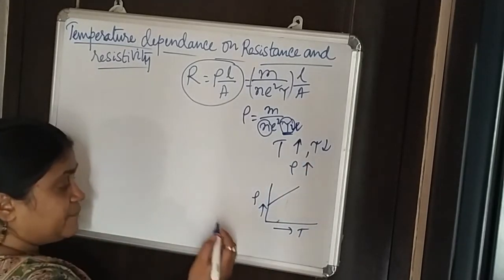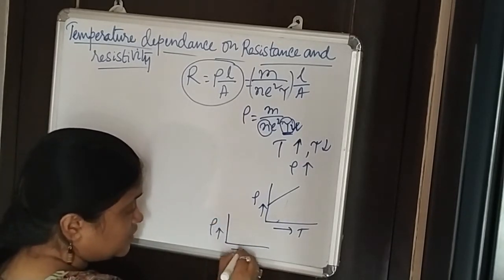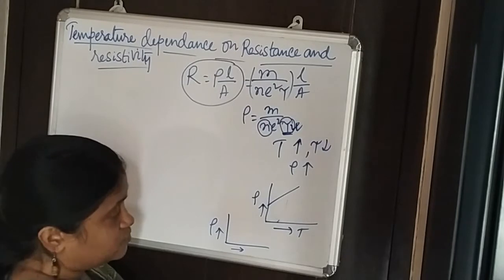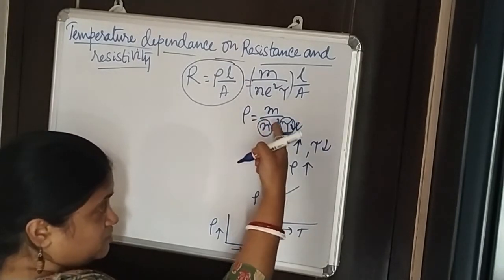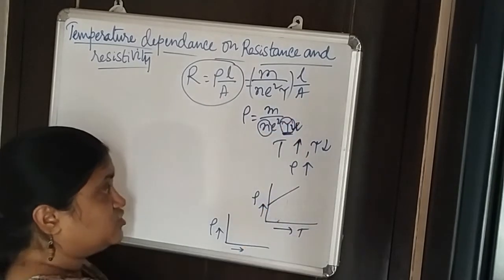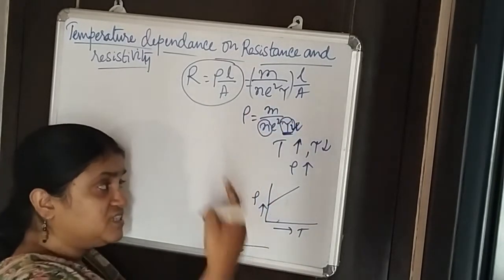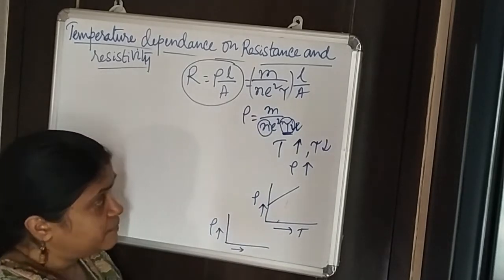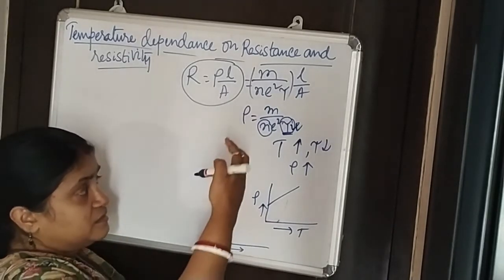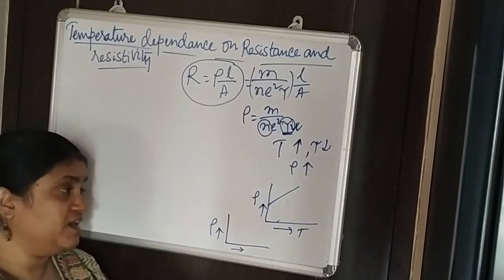Now if you take a semiconductor, with the temperature increase, the relaxation time starts to decrease, but at the same time the number n starts to increase very heavily.